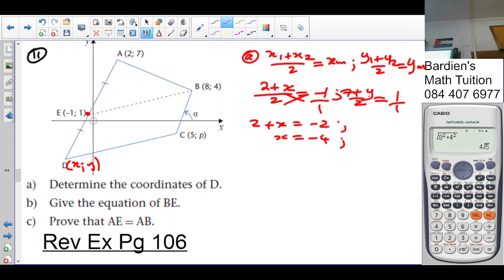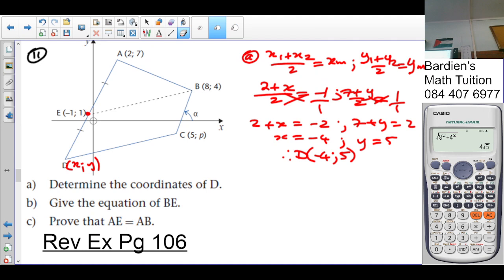And then here we cross multiply, so 7 plus y is equal to 2, so y is equal to 5. So therefore the coordinates of D is negative 4 and 5. Okay. Yes? And negative 5, absolutely. And just realize now, both have to be negative.